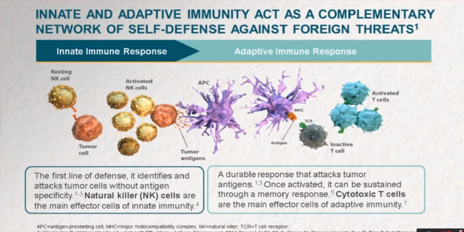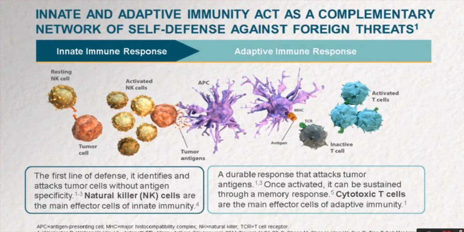One component of the natural killer cell response is when it does kill and damage cancer cells, it may release antigens into the surrounding environment, and these may then become available to antigen-presenting cells that you can see in the center of the slide. These antigen-presenting cells then process the antigens, display them on their surface with major histocompatibility complexes so that inactive T cells can then identify them.